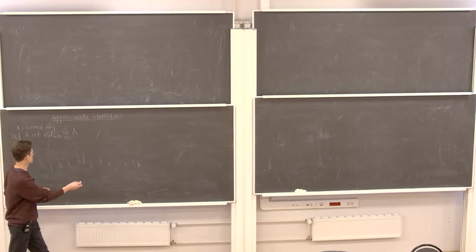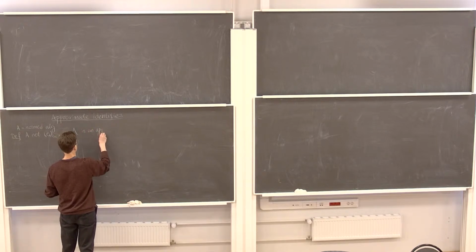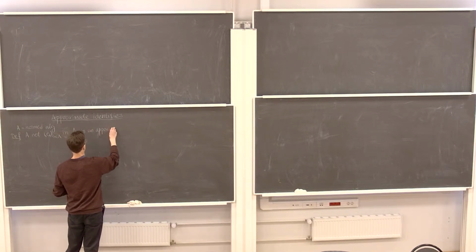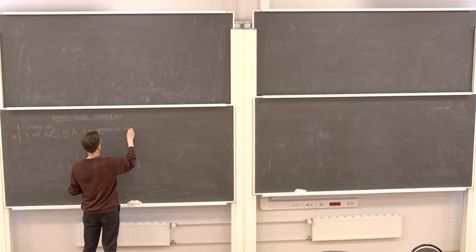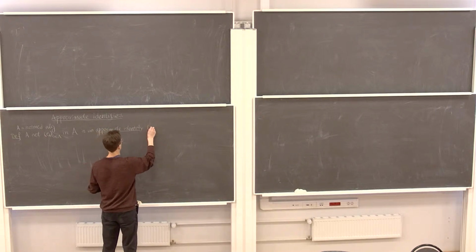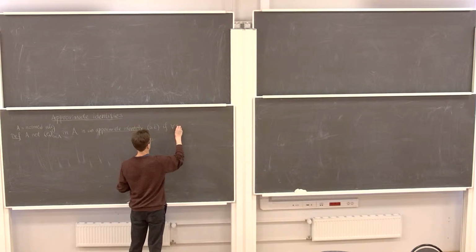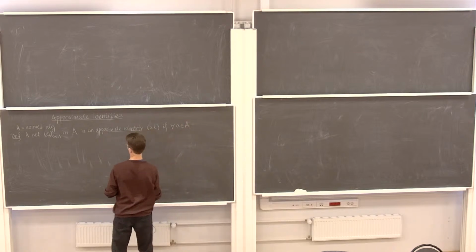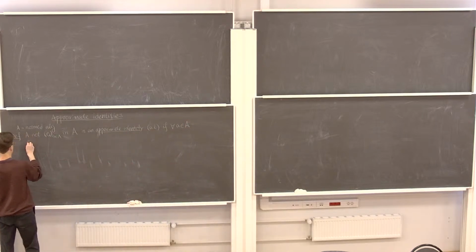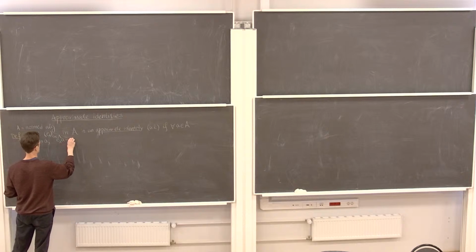And we say that this net is an approximate identity, AI for short, if for every element A in our algebra, the net A E lambda converges to A, and the net E lambda A converges to A.